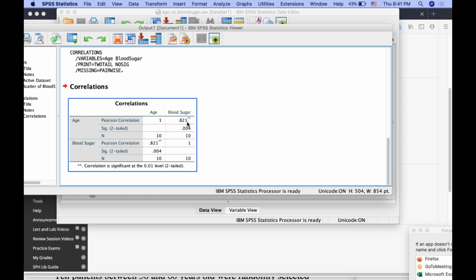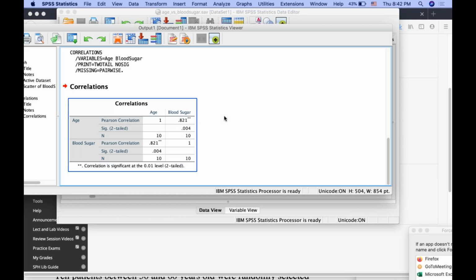Now, what do you think would be the number there if there was no correlation, no association between blood sugar and age? Basically, it would look like a cloud of points. What if there's no association? Bingo, 0. Exactly right. The correlation coefficient for no correlation at all would be 0.